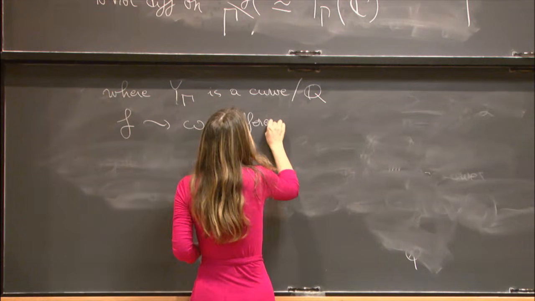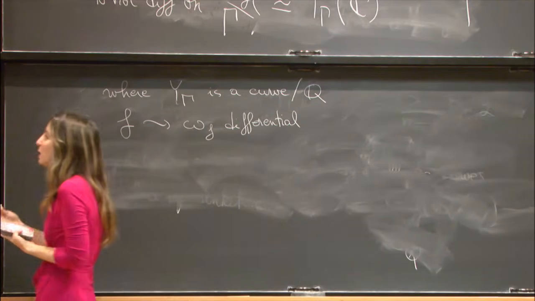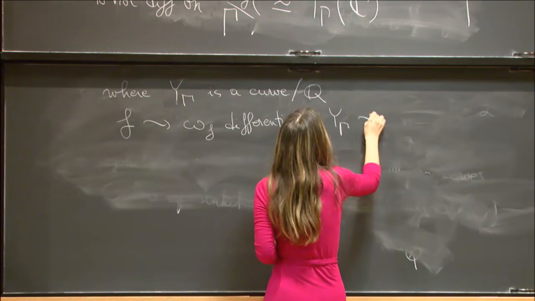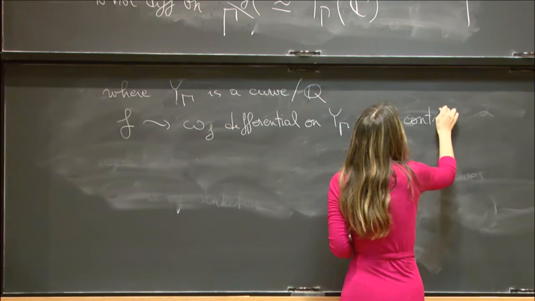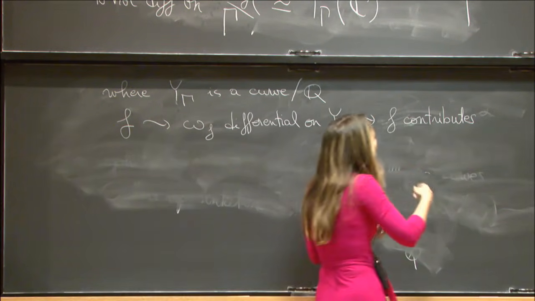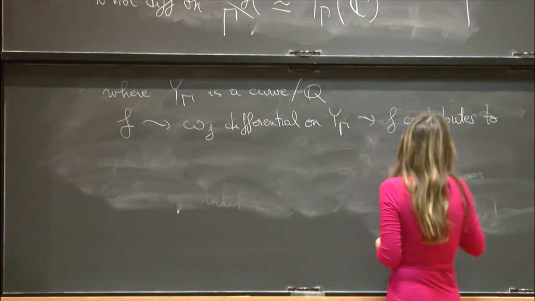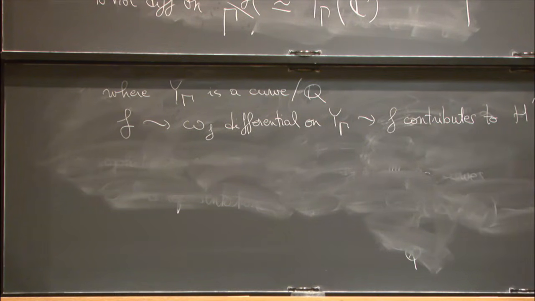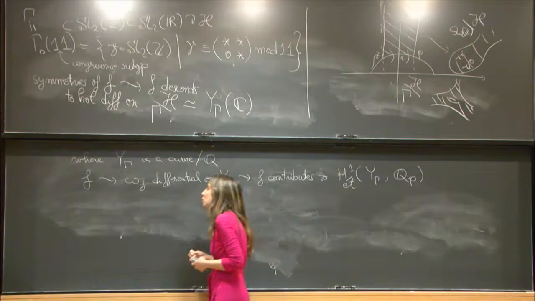And because of the Hodge decomposition for Y_Gamma, or maybe some refinement because Y_Gamma is not compact, you can think of it as contributing really to the Betti cohomology of this curve defined over Q. And then the Betti cohomology, you can take it with rational coefficients, and then you take your scalars and extend them a different way, so you can extend them to Q_p, and then you can work with the étale cohomology of the curve.